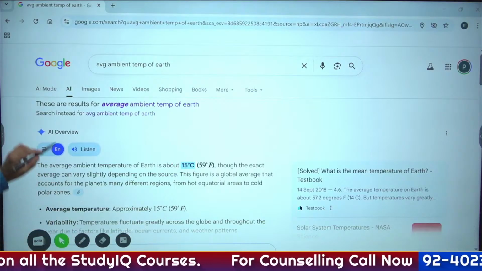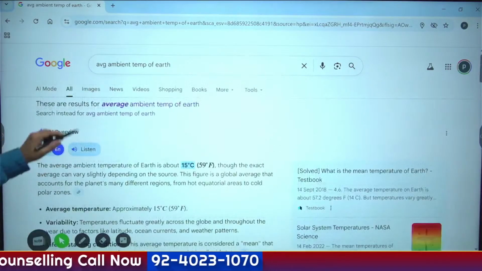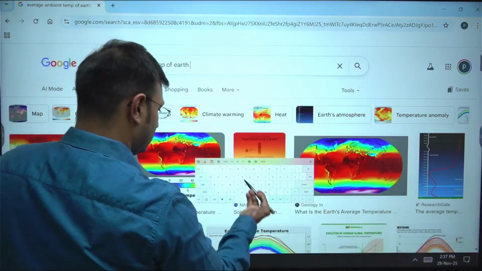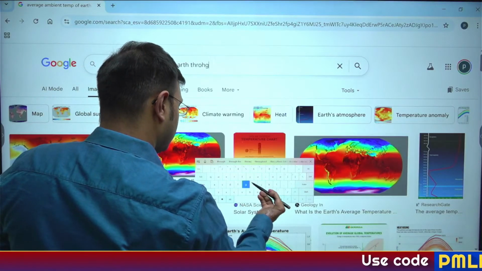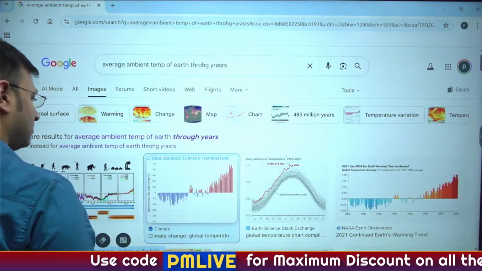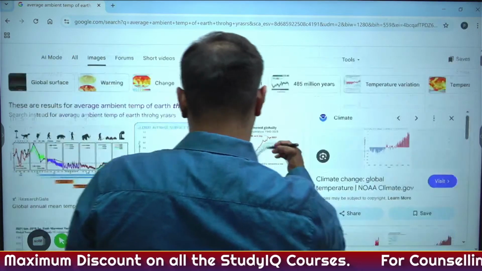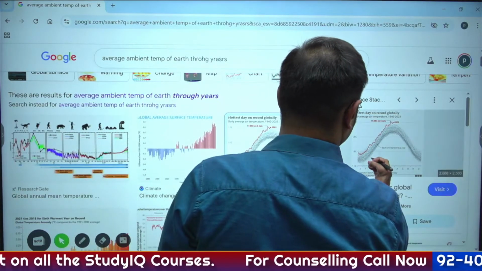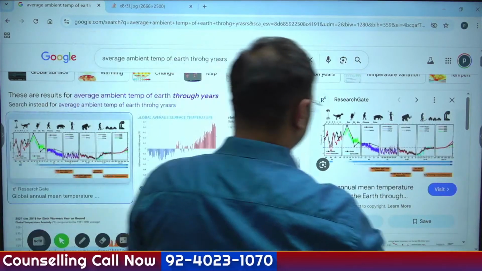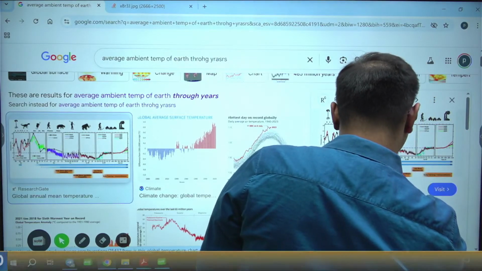So if we go by the good estimates out there, it is around 15.1 degrees Celsius. Now, if you see basically the graph out there, not the latest data out there, but still we are able to decode it. I'm just opening up this. Will it be fine? Yes.